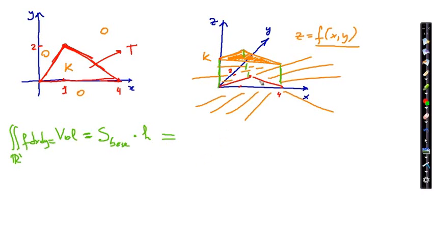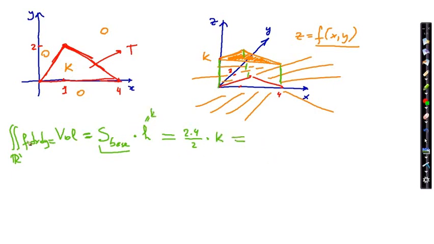In our case the base is a triangle, and the area of that triangle is 2 times 4 over 2. This is the area of the base, and times the height, which is k.